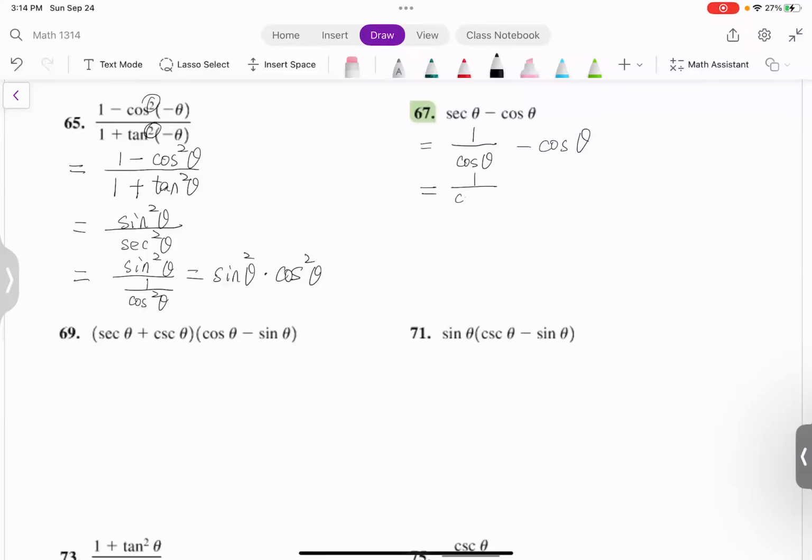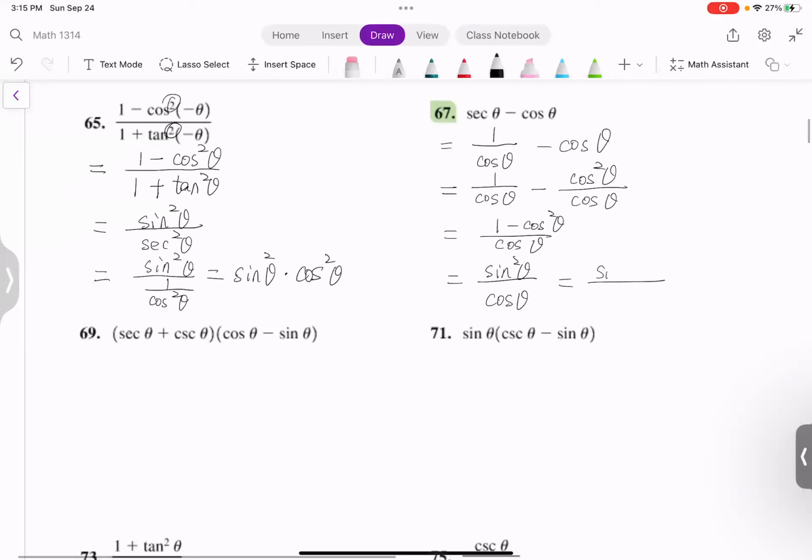So the first term is 1 over cosine theta, and the second term is cosine theta squared over cosine theta. They have the same bottom, cosine theta. So we have 1 minus cosine theta squared on the top, over cosine theta. The top is sine theta squared over cosine theta, so the top is sine theta times sine theta, and the bottom is cosine theta. What is sine over cosine? Tangent. So tangent theta times sine theta is the solution.